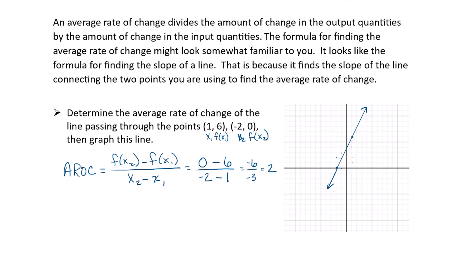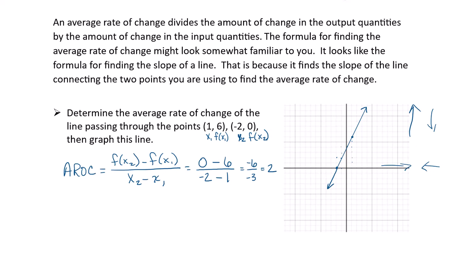Remember, your positive moves are going to the right or going up, and negative moves would be moving down or moving to the left, depending on if we're talking about positive y's, negative y's, or positive x's and negative x's.